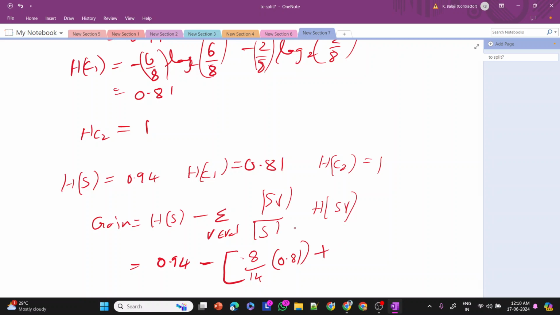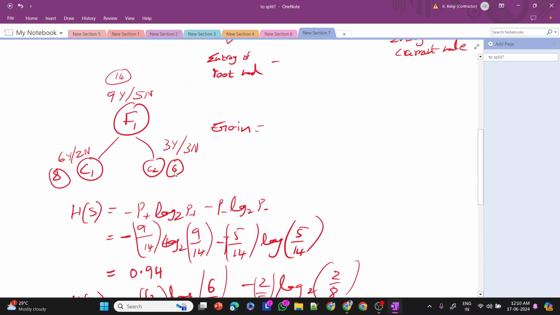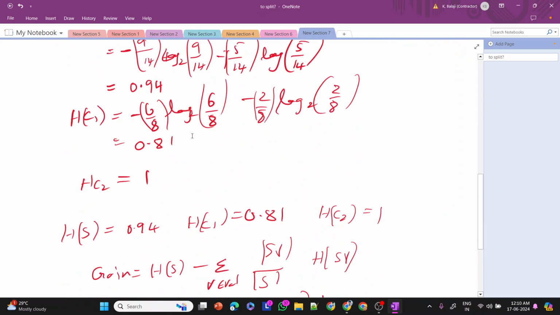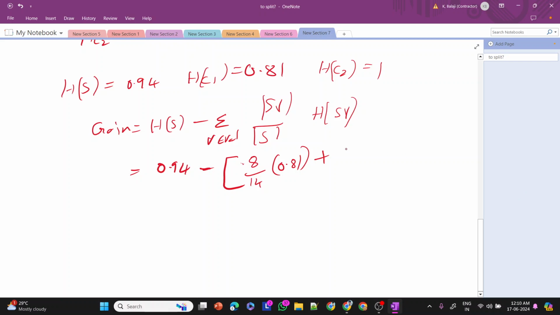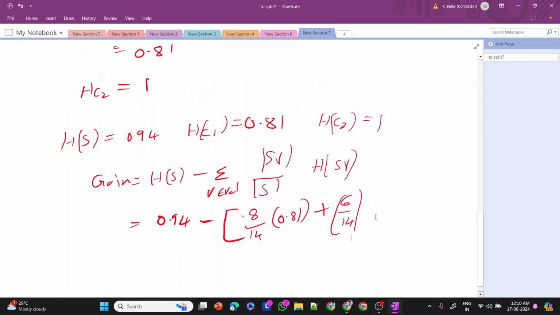Then we need to find for C2. For C2 there are 6 outcomes, and the root node has 14 outcomes. So 6 by 14 times the C2 entropy, which is 1. After applying this, we get the gain of 0.049 for F1.